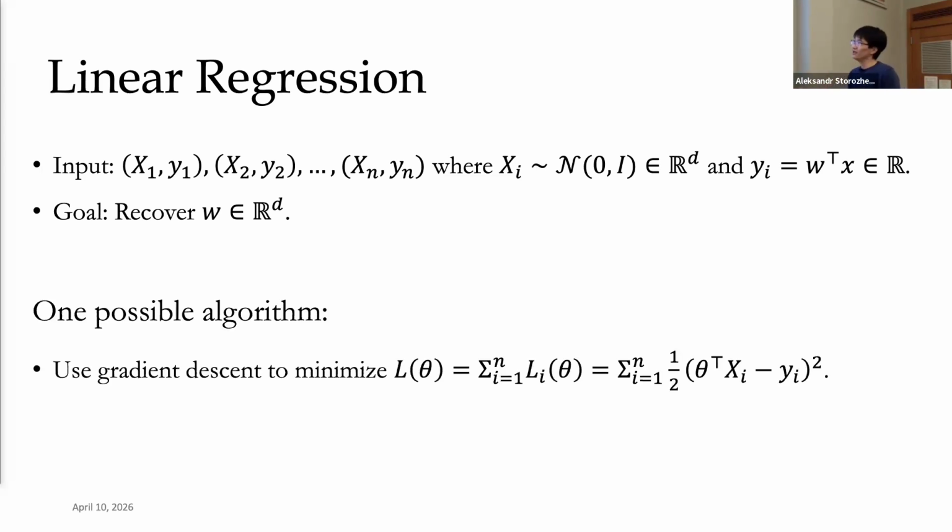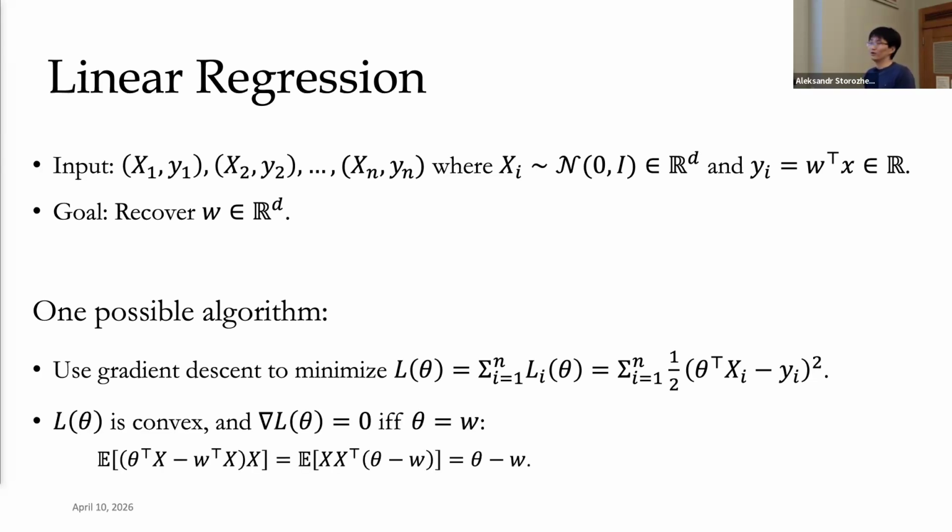I can solve this in many ways. But one particular algorithm we're going to try to adapt to robust cases is the following: I run gradient descent on least squares loss. Now, what do I know about this function? This function is convex in theta, so it has a unique local optimum. As long as the gradient is 0, then I know that I've converged to the unique global optimum.